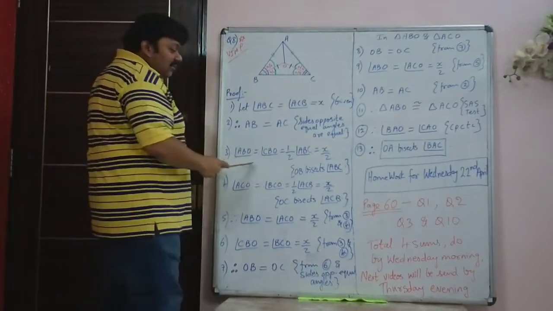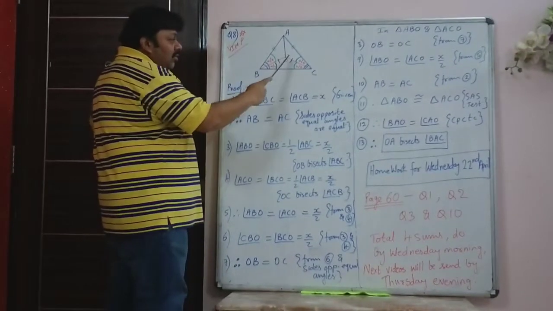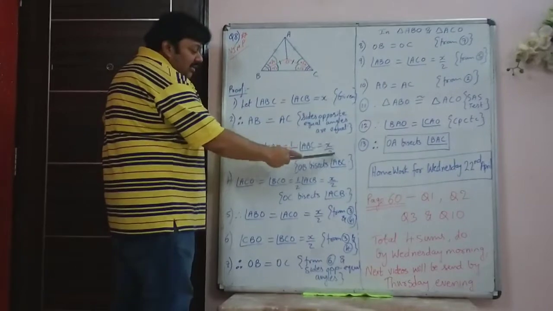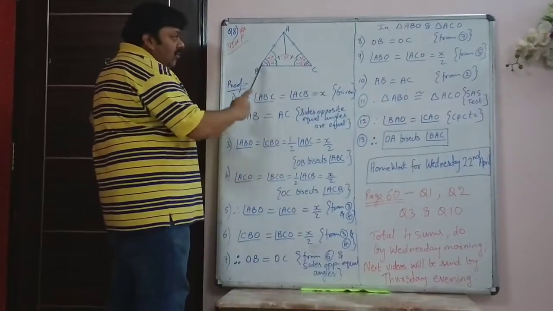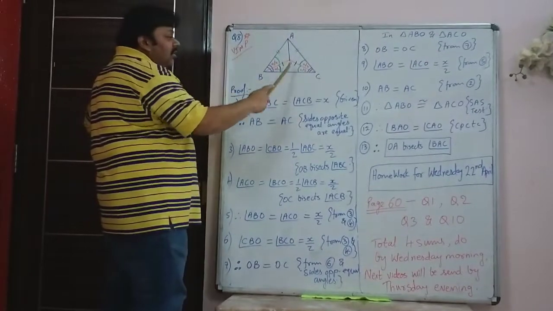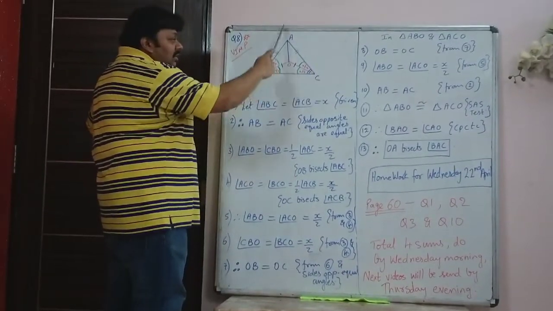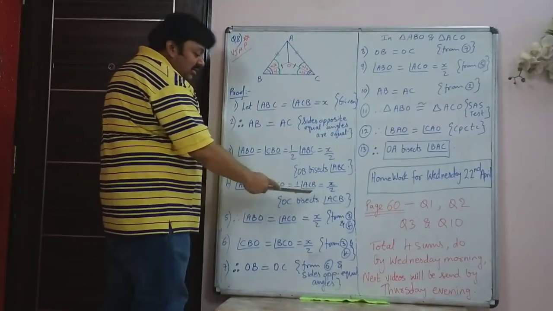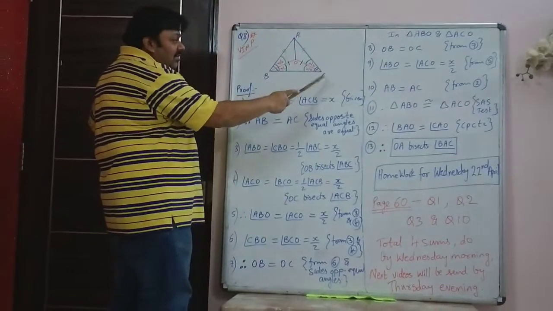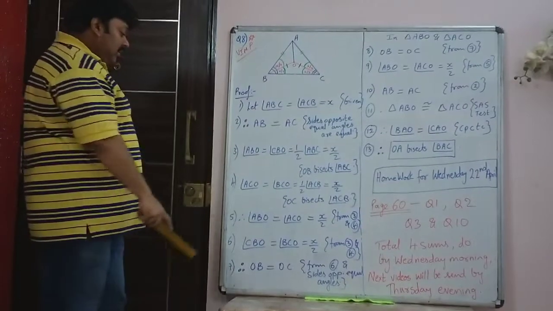Then as we said, we have written that ABO is equal to CBO is equal to half of ABC. So it is x by 2. It is given OB bisects angle ABC. And the same way ACO is equal to BCO is equal to half of angle ACB, that is x by 2. Reason: OC bisects angle ACB.